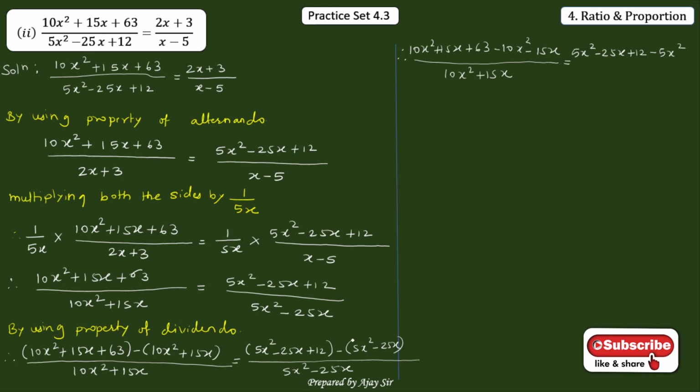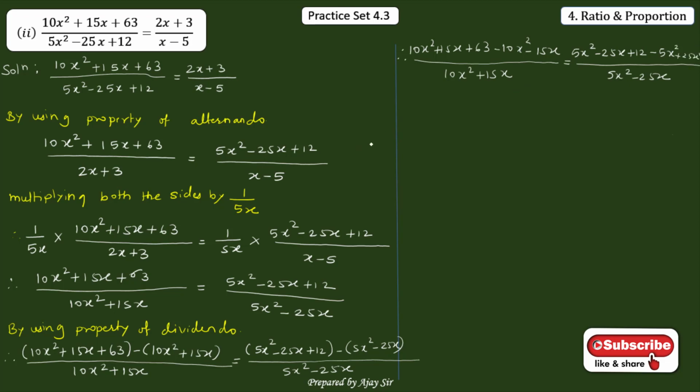Again here it is minus and plus, so 25x. The denominator 5x² − 25x remains as it is, and the last term is plus 25x.